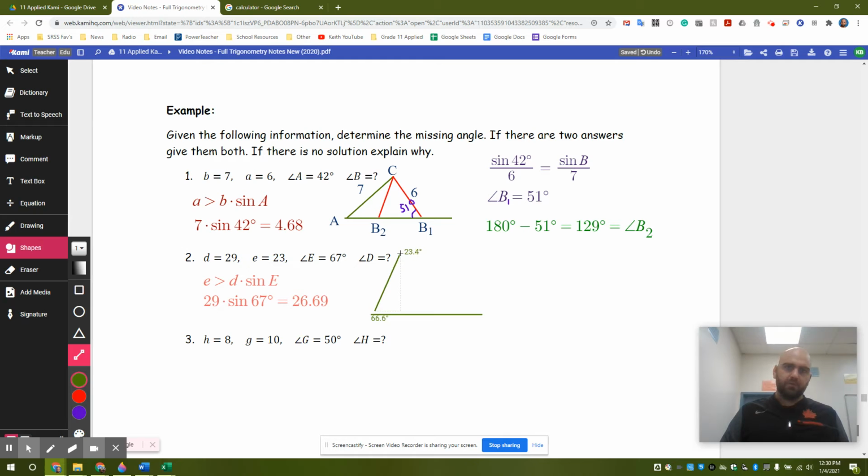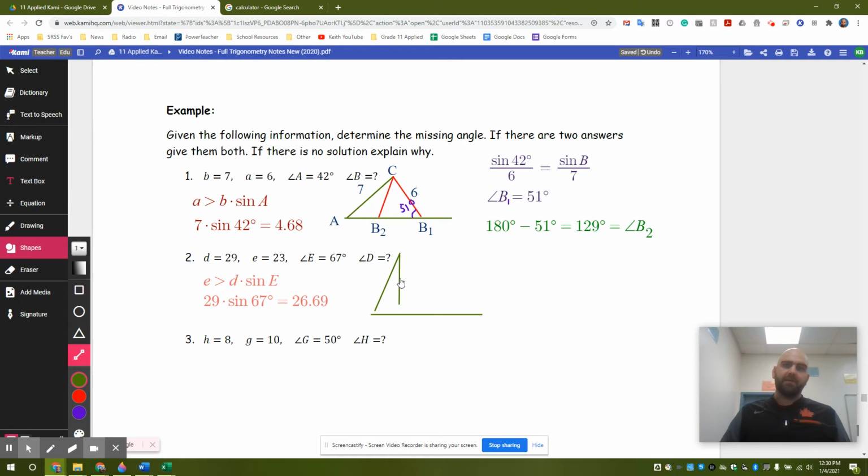It's pretty close. Then we would have our other line, the one that we're trying to find. This is E. E is only going to go that far. It doesn't actually make it all the way to the end. This entire distance would be 26.69, but we're only given 23.